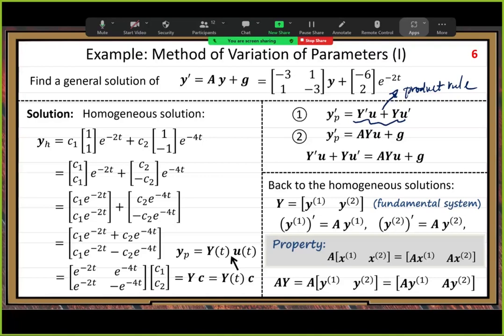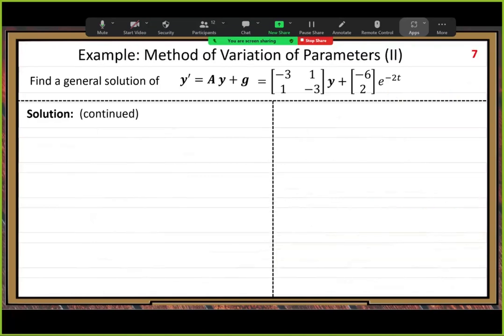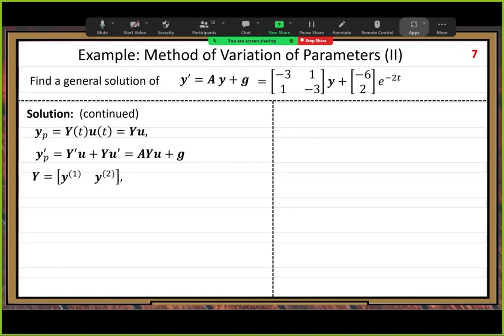So this is the AY expression. Then we look at the derivative part. What's the derivative part? The derivative of the Y matrix relates to the derivatives of these two Y vectors. Here, let me copy the useful equations we need from the previous slide, otherwise how to keep track of them?